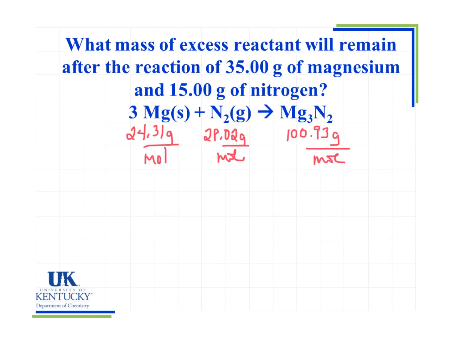Now I need to take the approach of assuming that one of my reactants is limiting, and it doesn't really matter which one I start with. So we're going to assume the magnesium is limiting first.